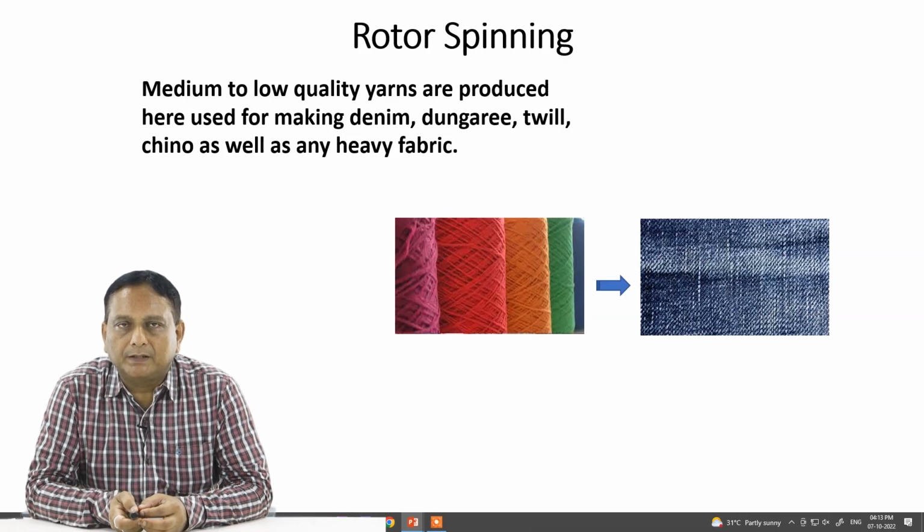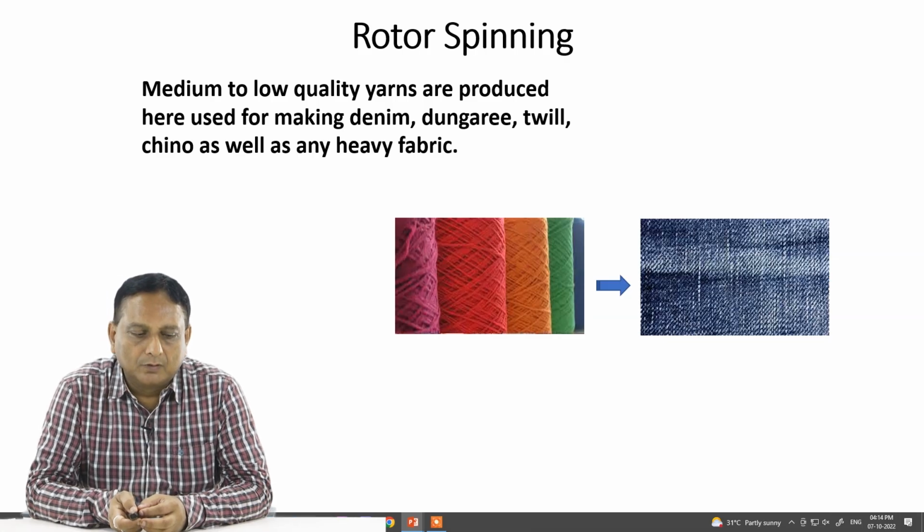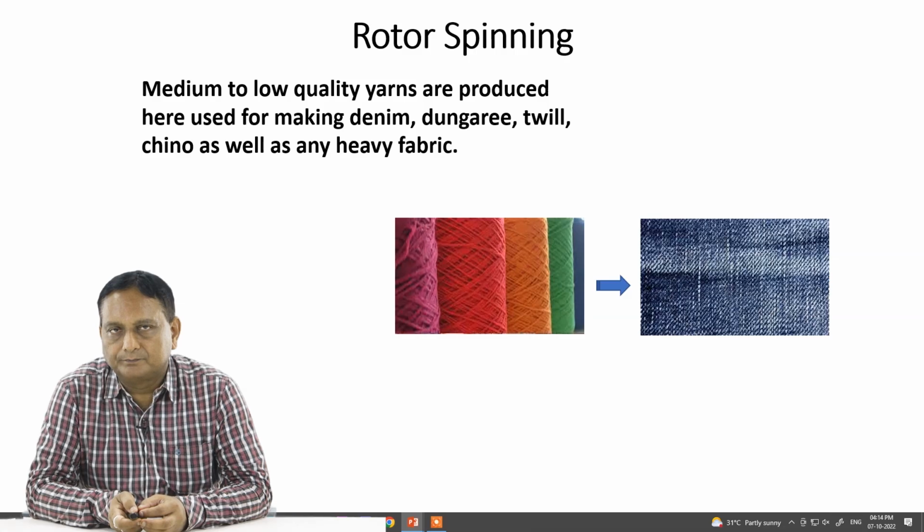Medium to low quality yarns are produced here, and these yarns are used to make denim, twill, dungaree, chinos, as well as any heavy fabric. Since it is a coarse yarn, a lot of heavy commercial fabrics for producing garments can be produced by the process of rotor spinning.